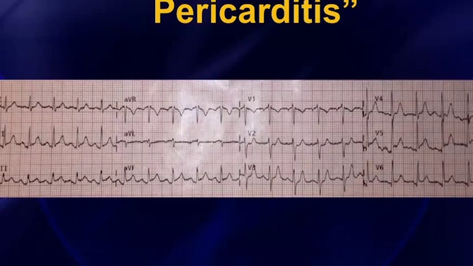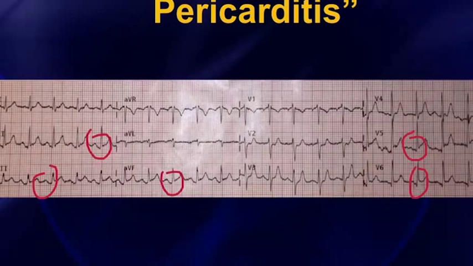Now, we've talked about what you need to do when you're trying to make the distinction between acute STEMI versus acute pericarditis. The problem that often gets made, certainly by the computer and by many clinicians as well, is that the first thing they do is go right to that PR segment depression, which really does jump out at you and would make you think this is acute pericarditis.